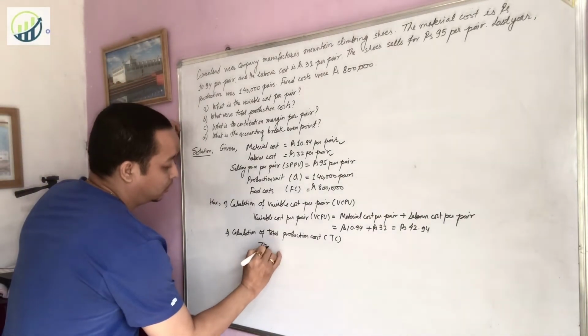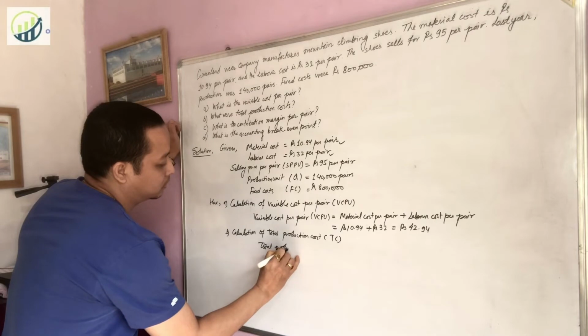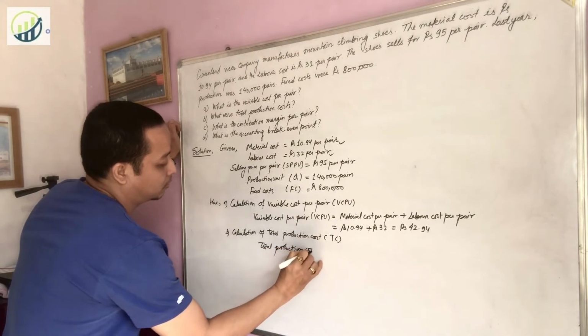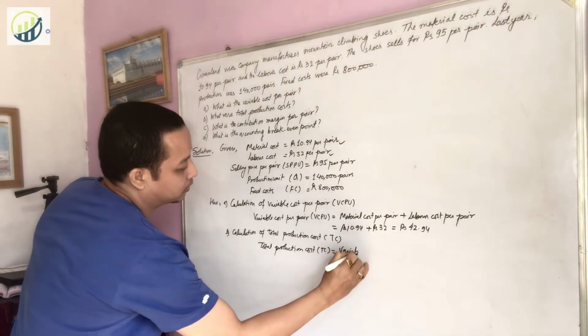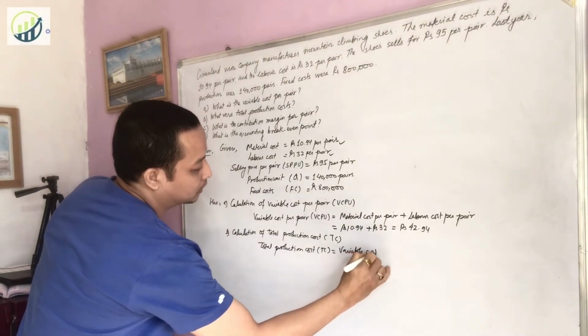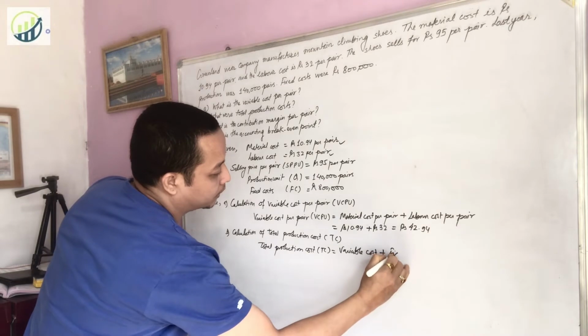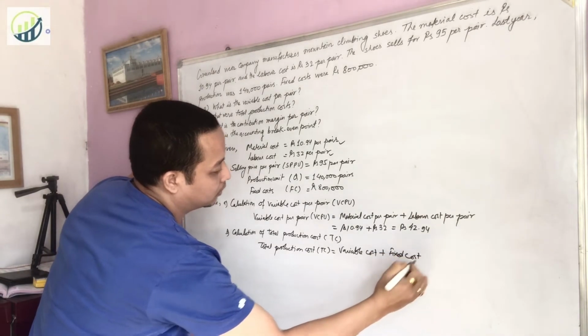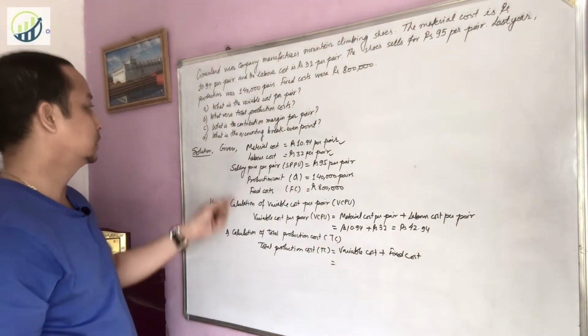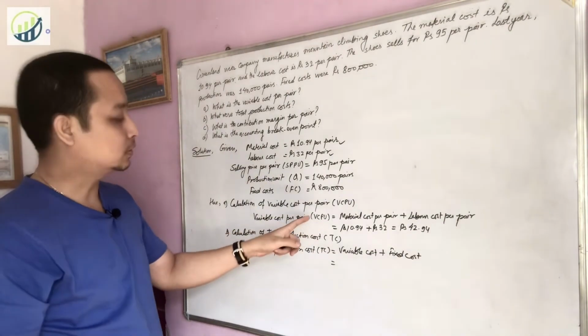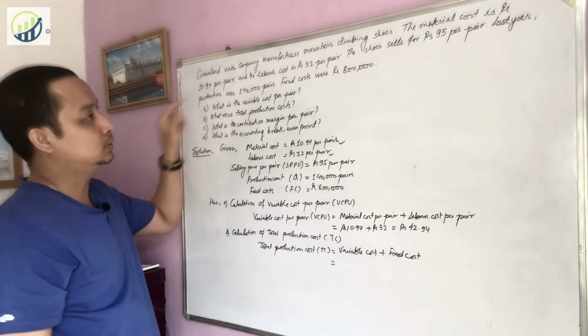So total production cost is equal to total variable cost plus fixed cost. So here variable cost per unit is also given here. Now we have found the variable cost per unit here, and number of production units also given.